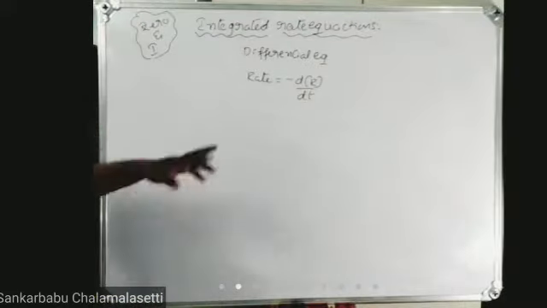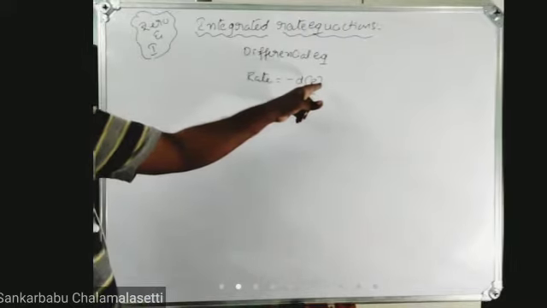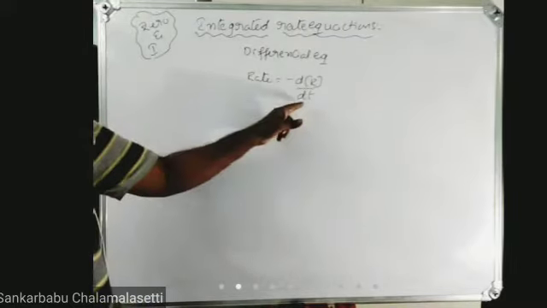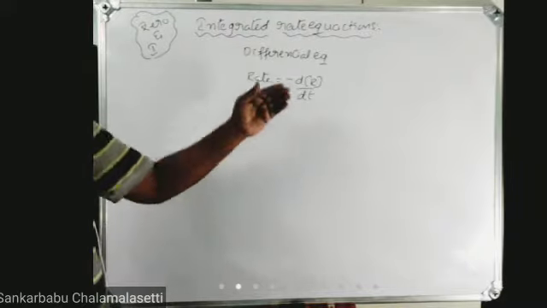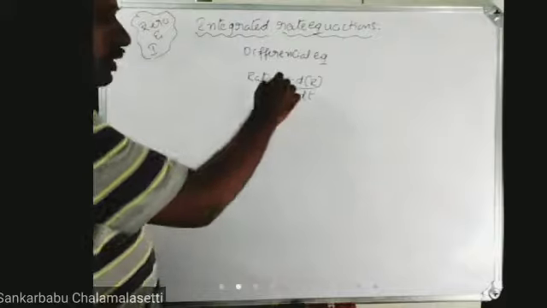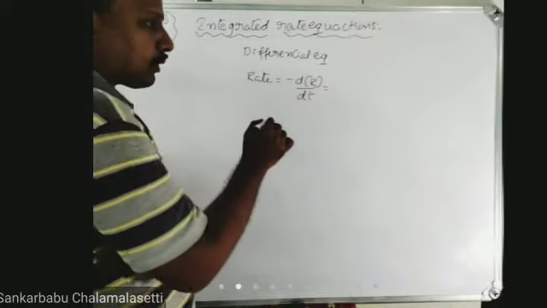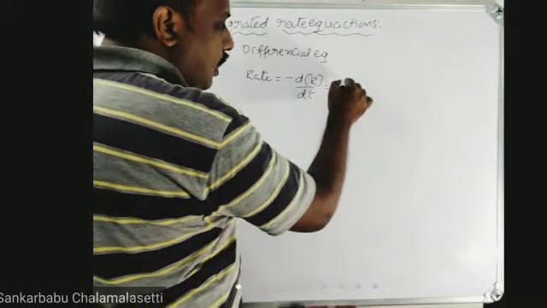Minus indicates the decrease in concentration of the reactant. R is the reactant's concentration, t is the change in time. In the previous classes, we studied about this rate. This is nothing but instantaneous rate. That instantaneous rate is obtained from the graph.